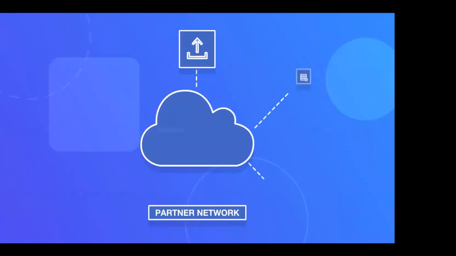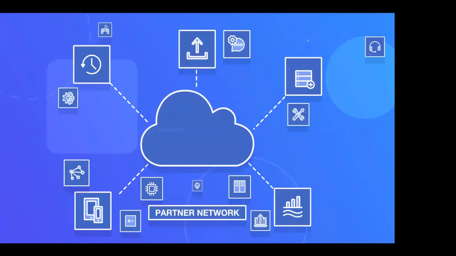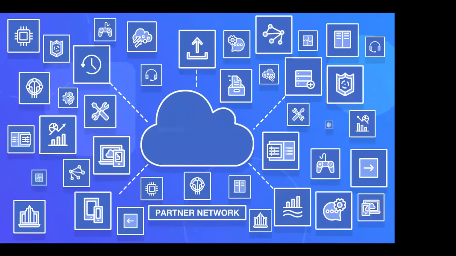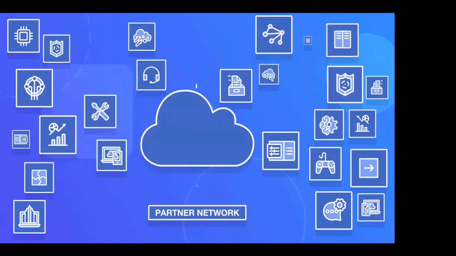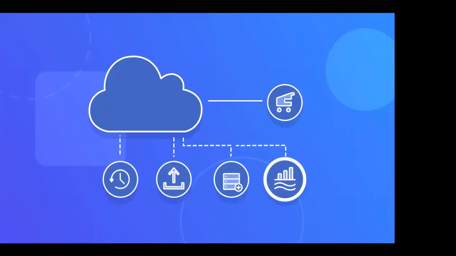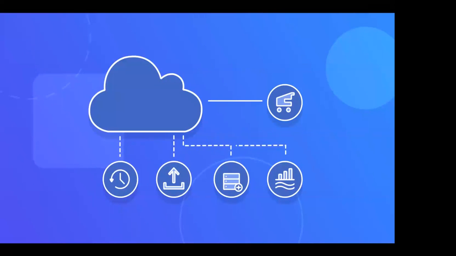And finally, the partner network. In addition to integration with most AWS services, the Amazon S3 ecosystem includes tens of thousands of consulting, systems integrator, and independent software vendor partners, with more joining every month. The AWS Marketplace offers software pre-configured to deploy on the AWS cloud.